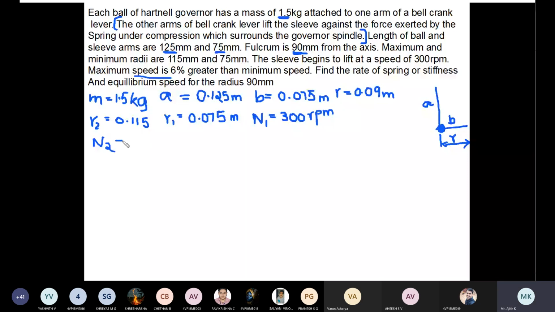N2 equals N1 plus 6 divided by 100 into N1. When you substitute, you will get the N2 value as 318 rpm, 6% greater than N1.